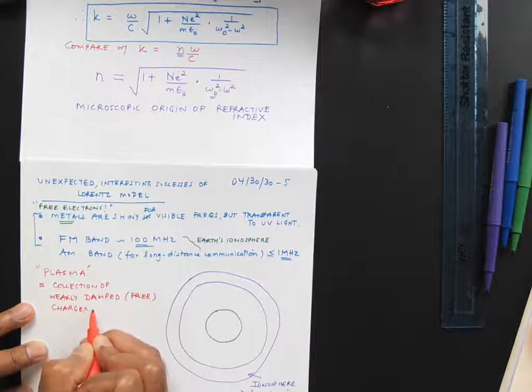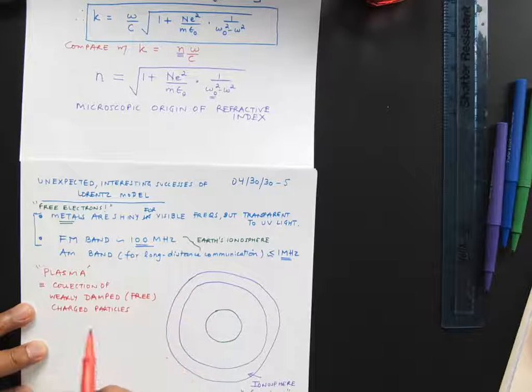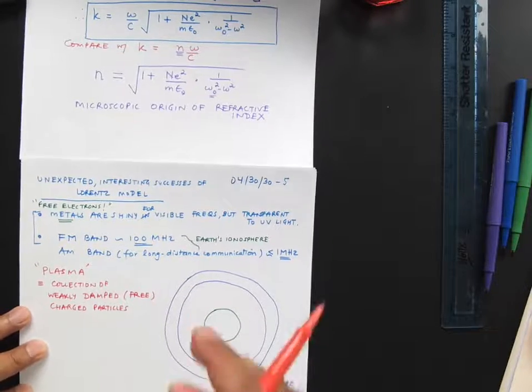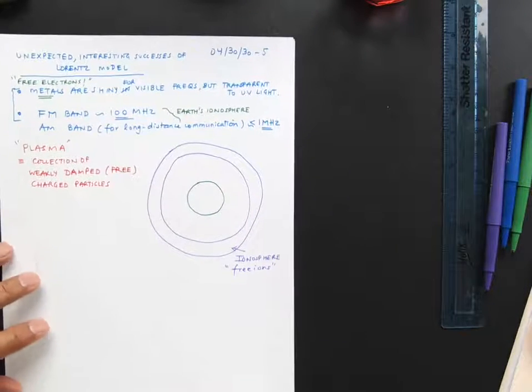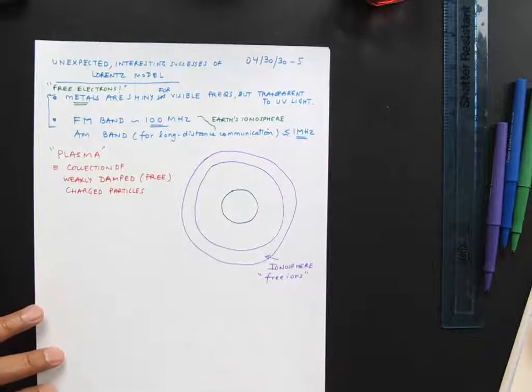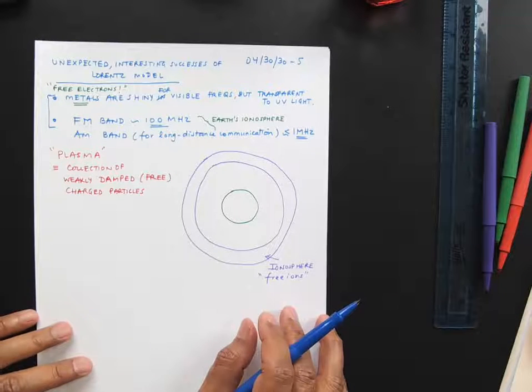Now, granted, in a metal, the density of these electrons is going to be higher than the density in the ionosphere, but they both have this in common, that they are a plasma. And so what I'm telling you now is an unexpected success of the Lorentz model in a plasma.